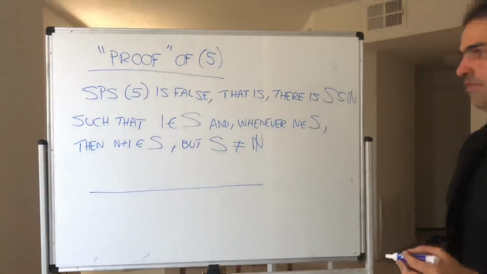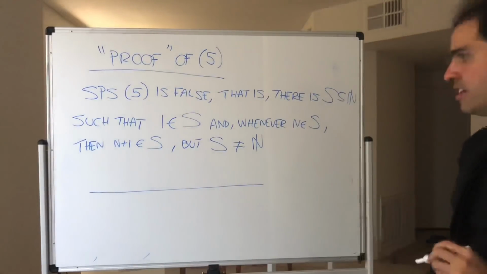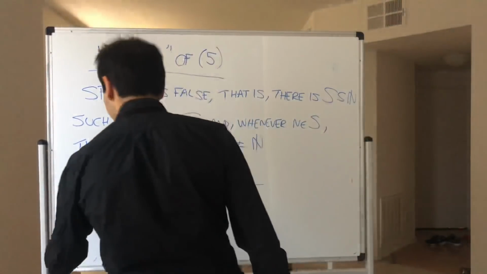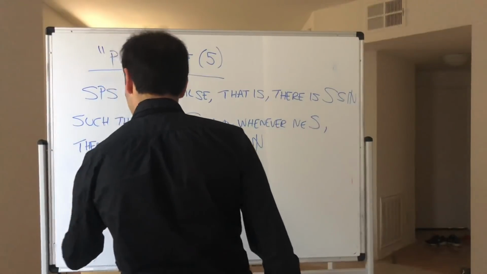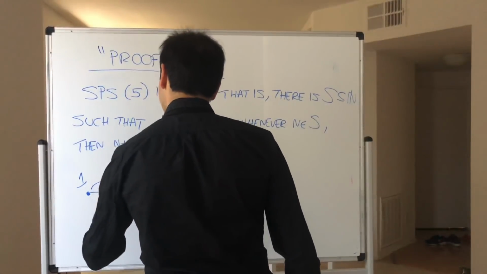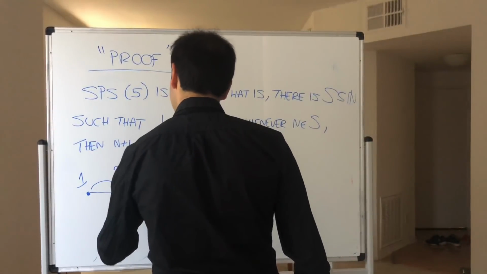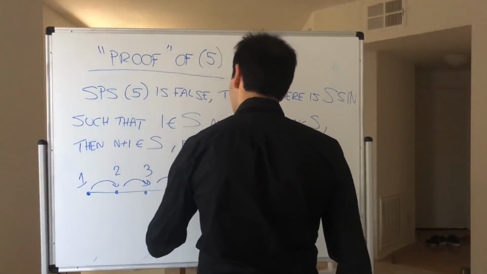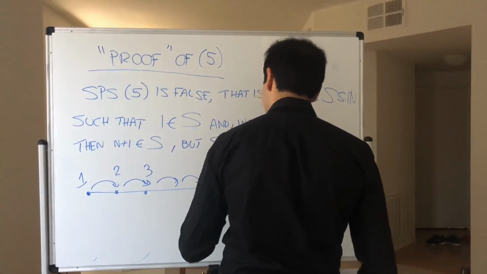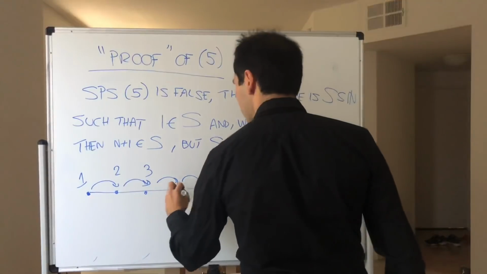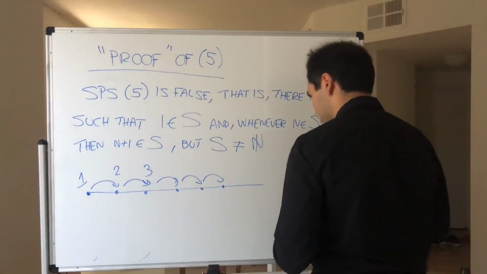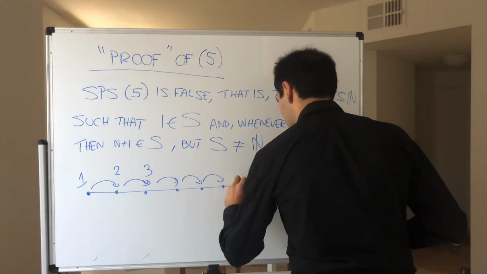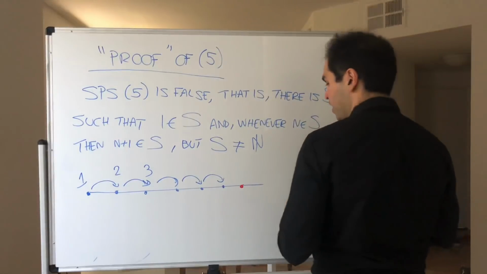What does that say? Again, in terms of pictures. There's a set such that 1 is in it, then 2 is in it, 3 is in it, etc., etc., but at some point it kind of stops. Okay? So at some point there is some element that is not in S. And well, there might be other elements as well.